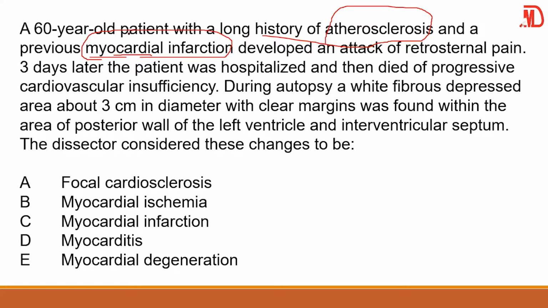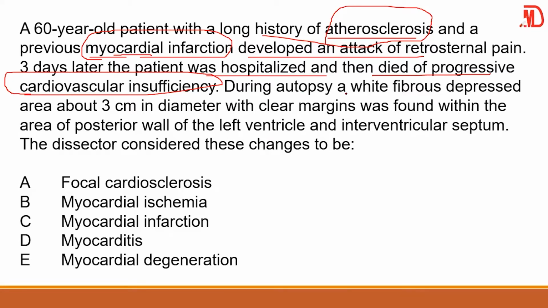This person also has a previous MI, because of the atherosclerosis. So this person is developing a retrosternal pain. Three days later, the patient was hospitalized and then died of cardiovascular insufficiency, meaning the heart is not able to perform its normal function, which is pumping blood to the systemic circulation.